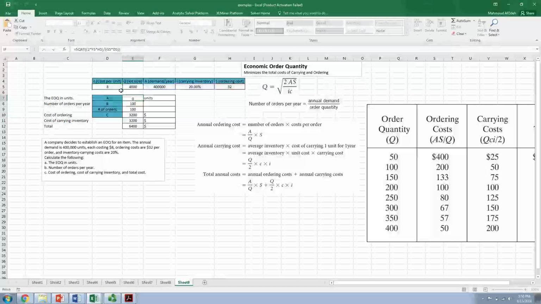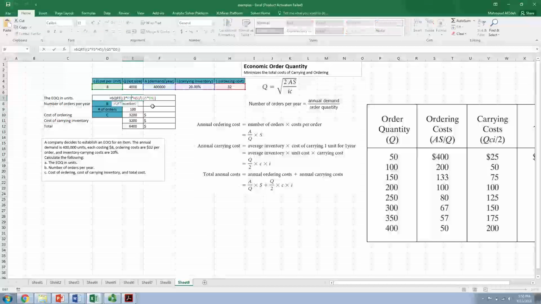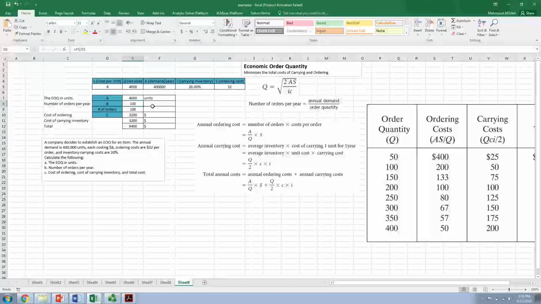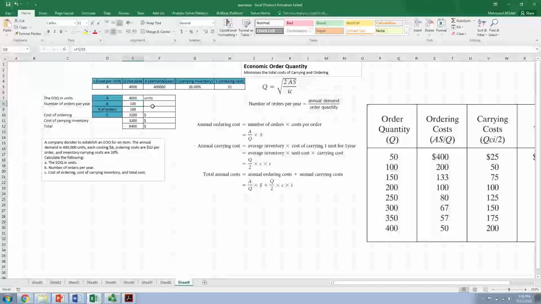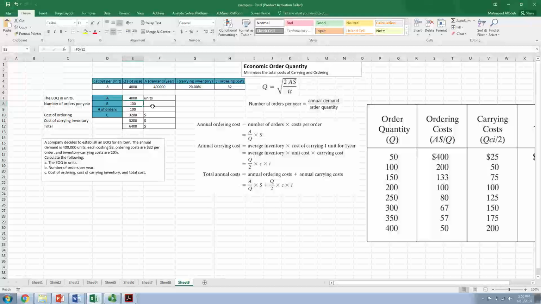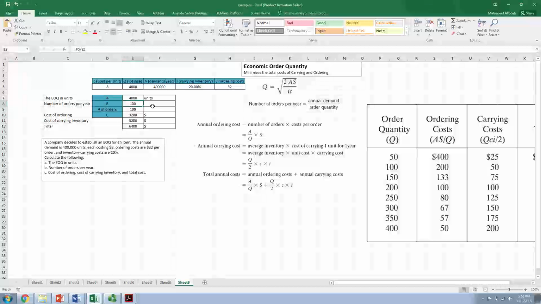That gives you 4,000 units. We have to order 4,000 with every order because we need to reduce the total cost, the ordering cost and the carrying cost. So the most economic order quantity is 4,000 units.